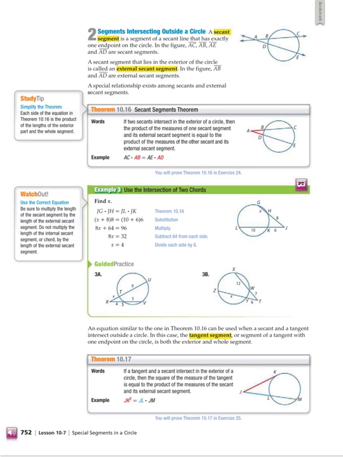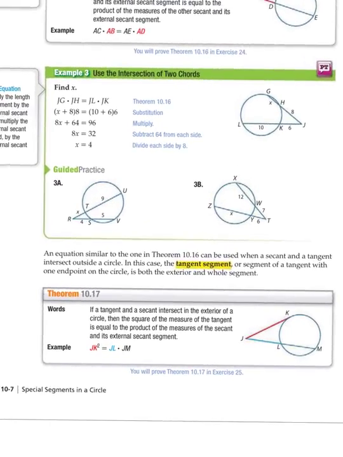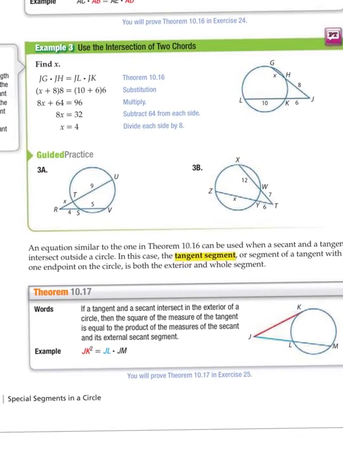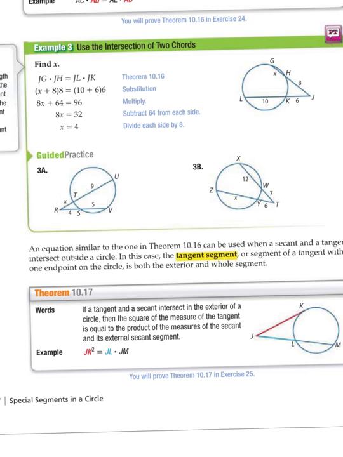Our second theorem today involved two secants going to the same circle from an exterior point. And what we want to do with these, remember that the entire secant segment, so the entire length from J to G times its exterior portion, is going to equal the entire other secant segment times its exterior portion.